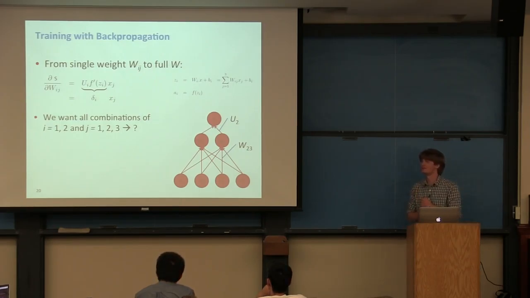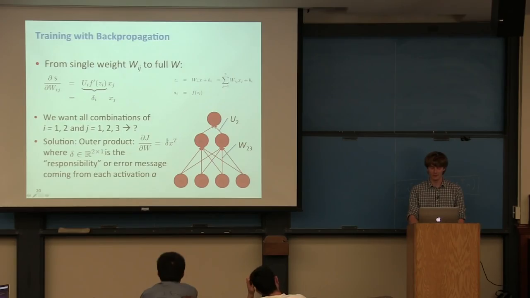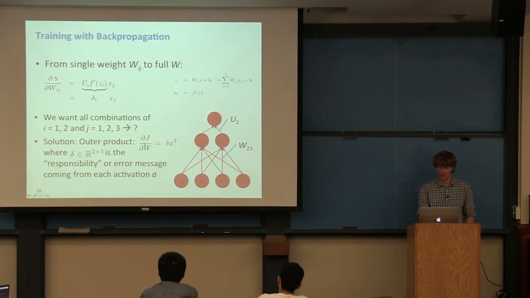Yeah? Take the outer product. Exactly. We take the outer product. So here, if we take the outer product of delta, which is a column vector, times x transpose, which with the transpose is a row vector, we have now a 2 by 1 by 1 by 3 matrix multiplication, and that will lead exactly to a 2 by 3 dimensional combination of all these different derivatives.